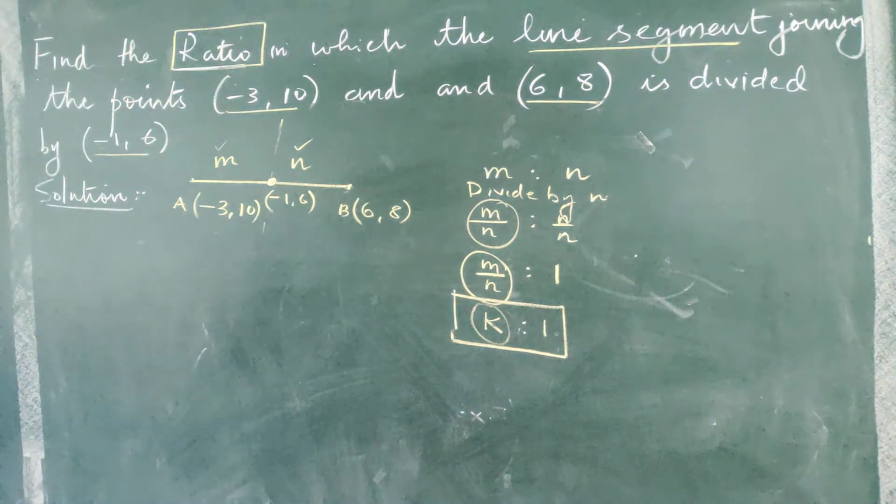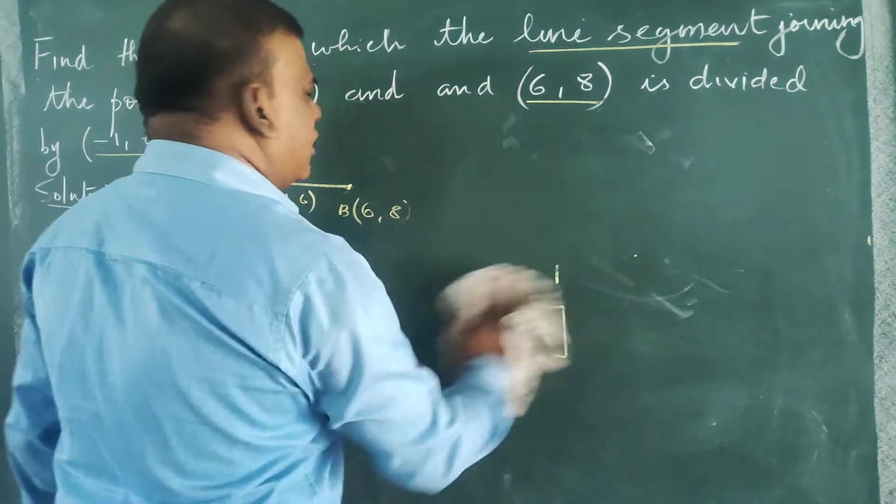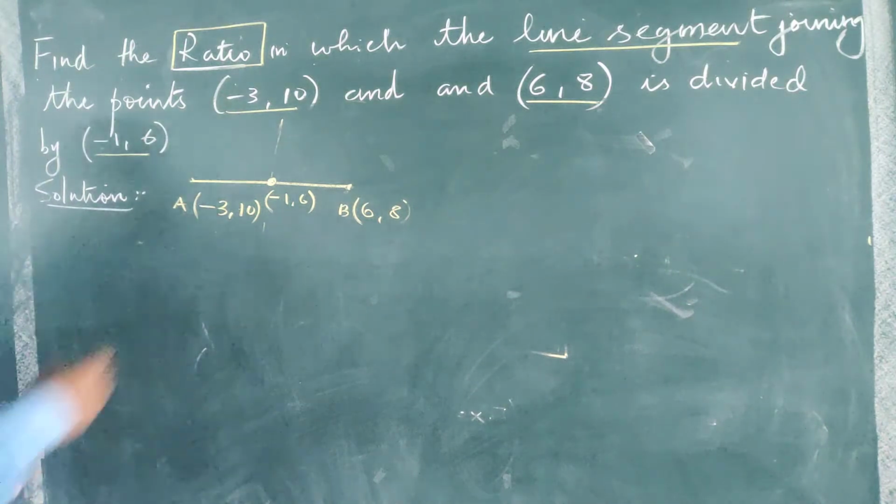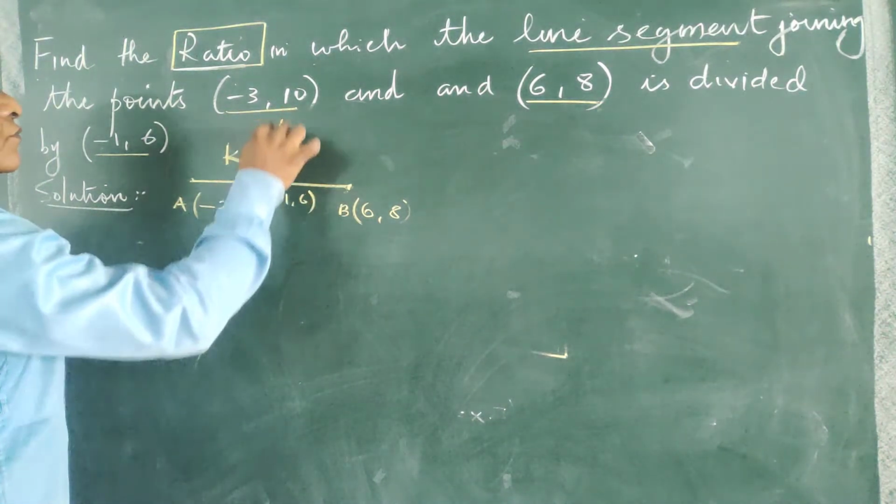So here also we are going to do the same thing. Instead of using m is to n, let the ratio be k is to 1.